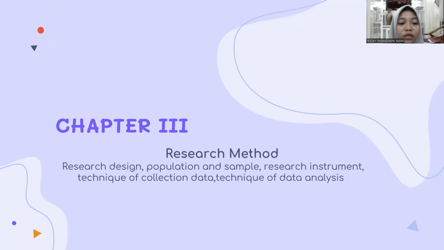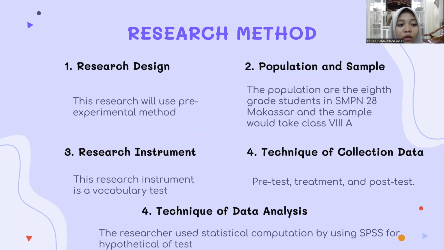The next chapter is chapter 3, that is research method. Research method consists of research design, population and sample, research instrument, technique of collection data, and technique of data analysis. The first one is research design.